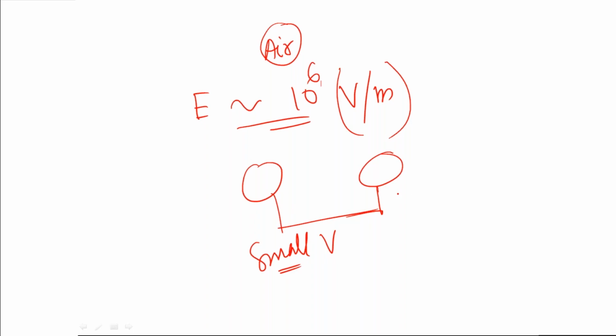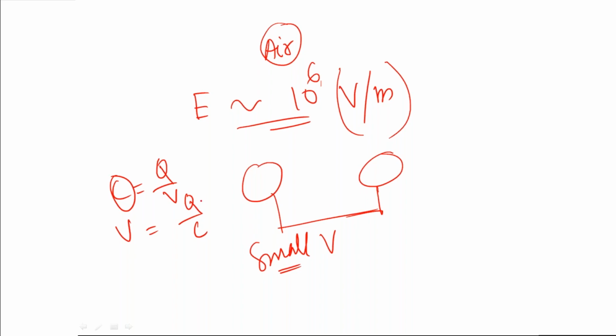That means if your V has to be small for the same Q, same C, same capacitor, then your Q has to be small. That means a capacitor has a particular limit to hold its charge, so that without breakdown or without leaking any charge, it can hold the charges for our use.